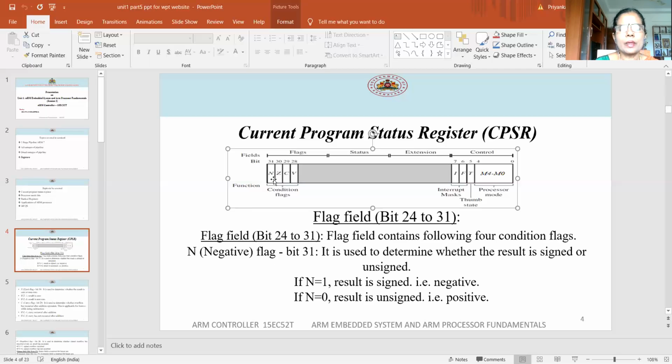The 31st bit is the most significant bit, and the most significant bit always tells whether the number is positive or negative. If N is 1, the result is negative. If N is 0, the result is positive. So by seeing the content of the N bit, we can decide whether the number is positive or negative.